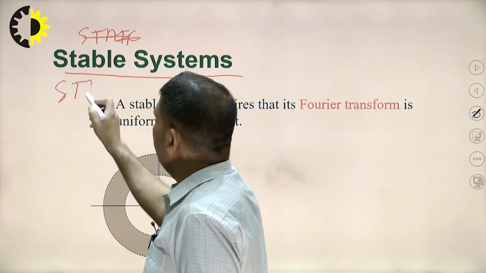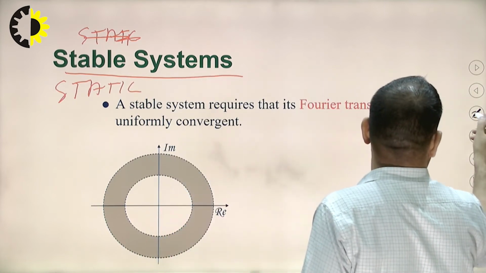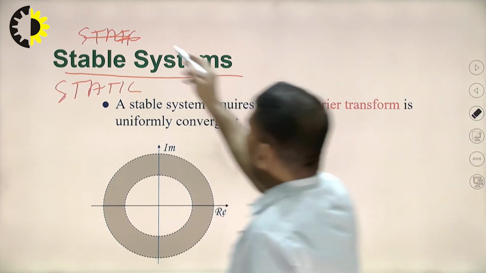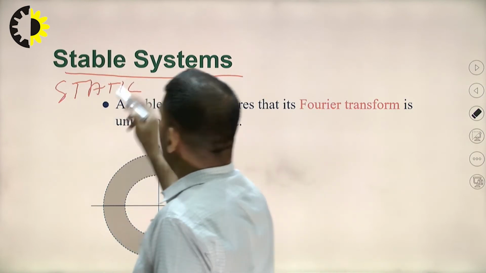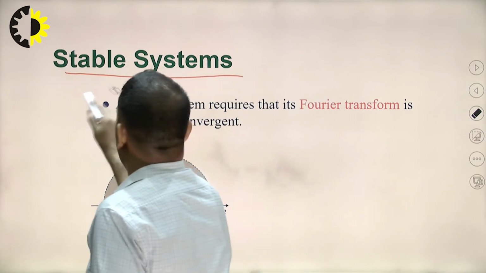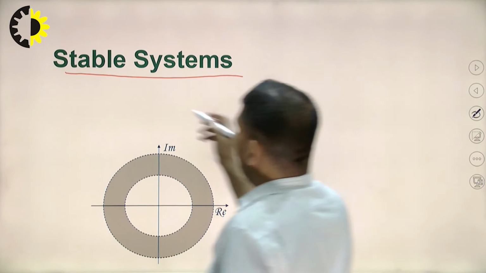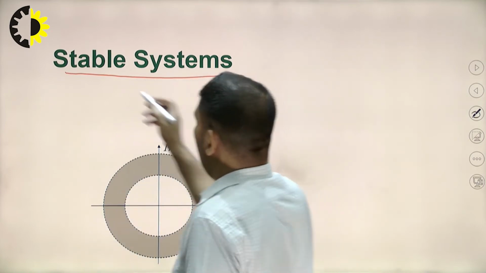Stable systems are also known as static systems.